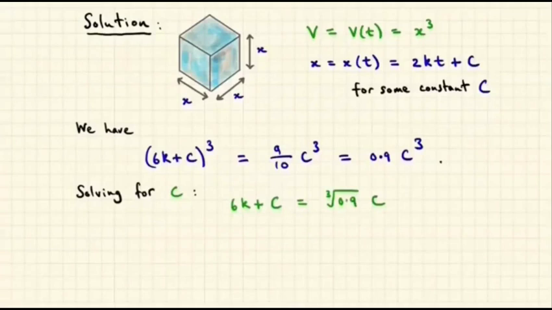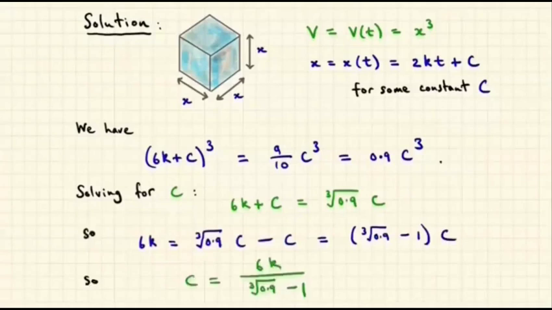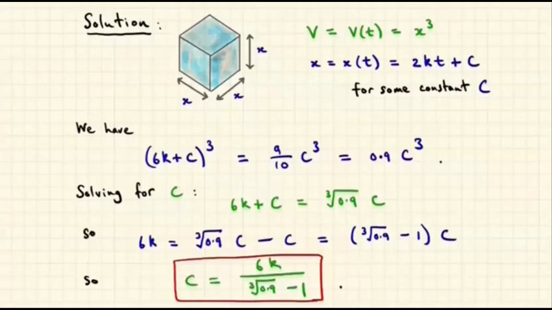Now we have an elegant relationship between the constants c and k. And we can now find the time at which the cube disappears by melting away, which is when the width x becomes 0. That is when 2kt plus c equals 0.